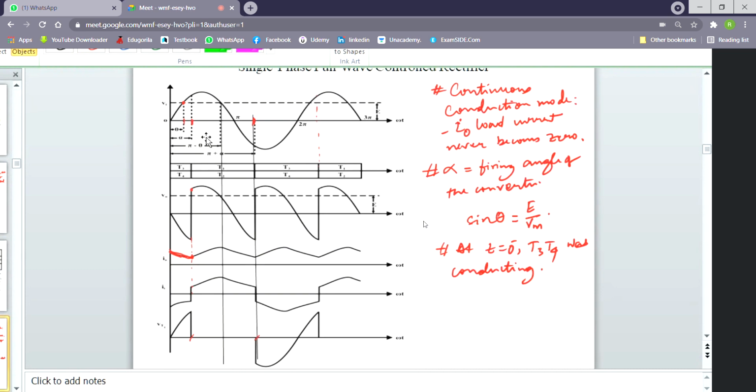Okay, so at omega t equal to pi minus theta, what is happening at this position? What you can see at omega t equal to pi minus theta is that our V0 again equals our E. So basically at this point, V0 equals our source EMF E. So what will happen then?